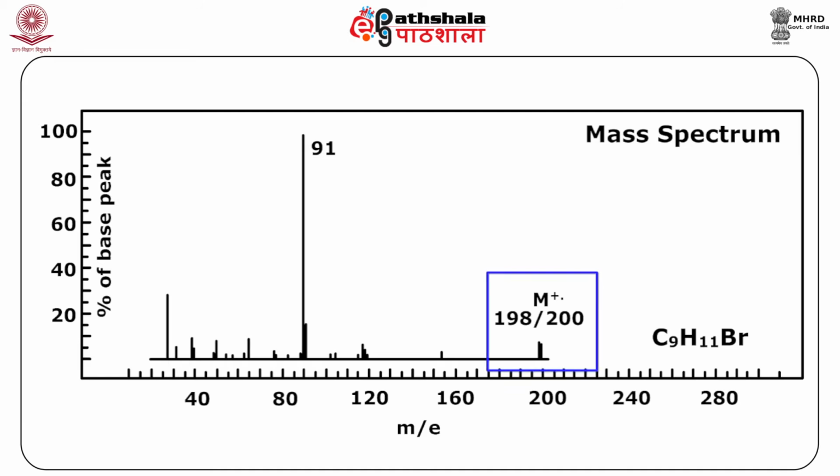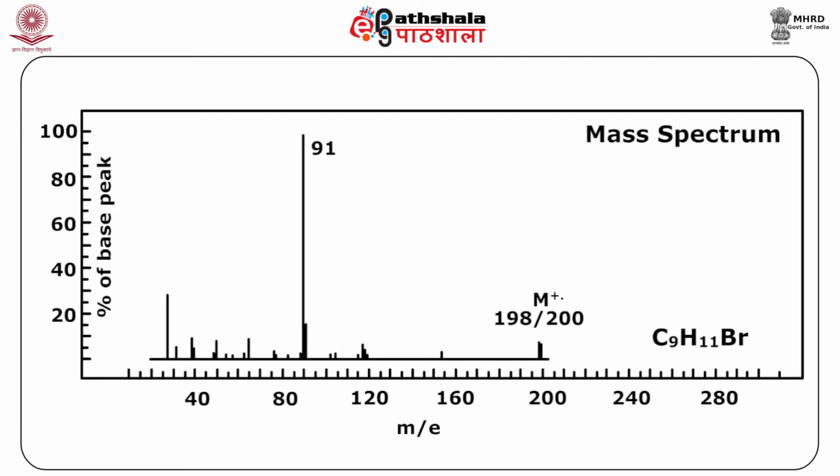Now, the given mass spectrum shows two peaks of equal intensity separated by 2 units at the values of 198 and 200. These two peaks, with the isotopic peak differentiated at the value of M+2, indicate the presence of a bromine atom.